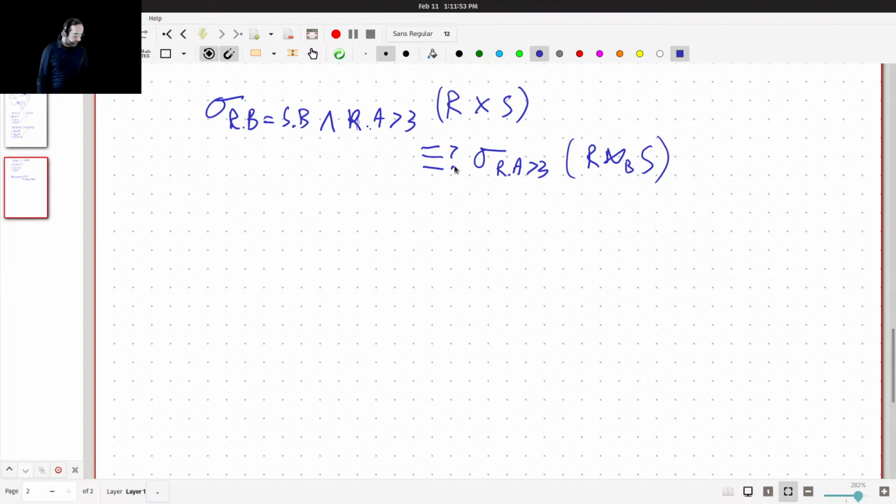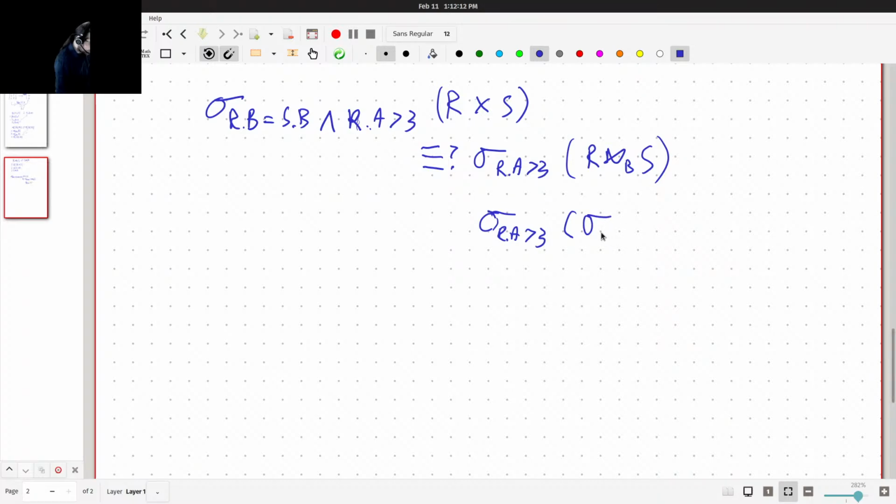Decompose the right-hand side. Okay, so yeah, let's start from the right-hand side here this time. So we're going to turn that into R.A is greater than 3. So the direction in which we do this doesn't really matter.